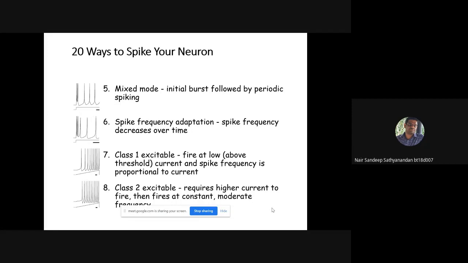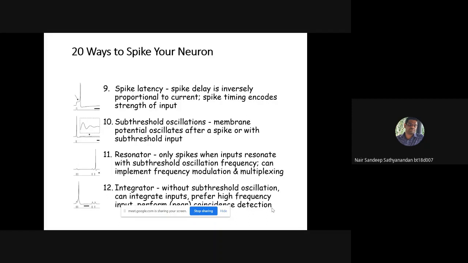In class 2, it requires an even higher current, but it fires at a constant moderate frequency. And there is another variety, spike latency. There is a delay which is inversely proportional to the current, and the spike timing encodes the strength of the input. Higher the input, the spike timing will be dependent on that.